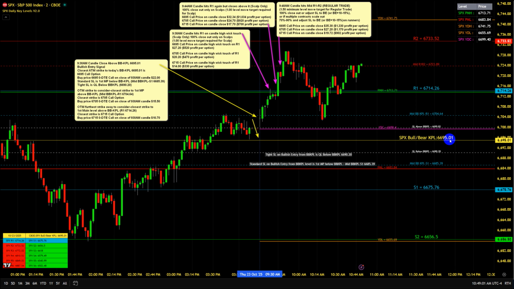So if you would like to see more information about the indicator and how it works, look at that particular video on how to take trades off of the R1 and S1 levels. There are other links to other videos in the description, including all the features and inputs in the user control panel of this particular indicator, as well as other topics such as what option strikes you should choose depending on the level you're trading from, and some other topics that are covered in other videos.